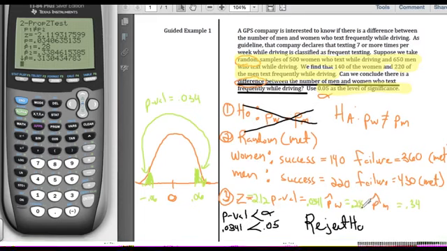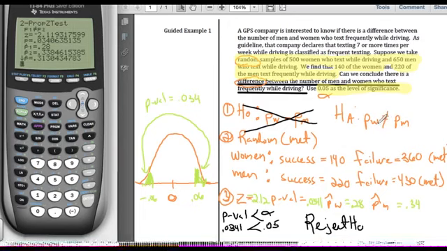This seems to show that there is statistical evidence that women actually text less frequently than men while they're driving. 28% is statistically significant less than 34%, so there is a difference.